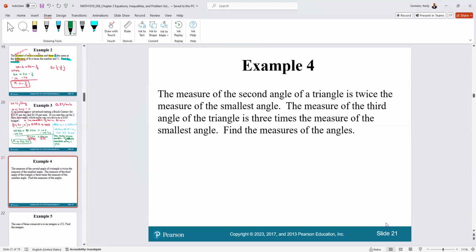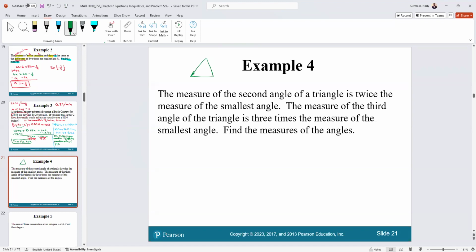They said the measures of a second angle of a triangle. A triangle has three sides and three angles, right? Suppose this is the triangle we have. They said we have a triangle.